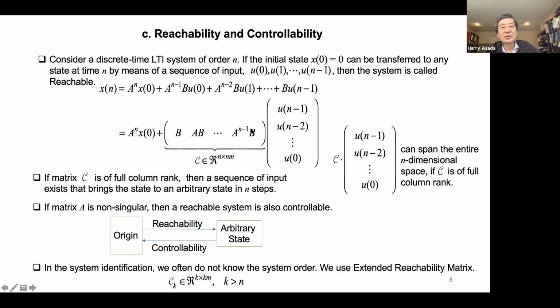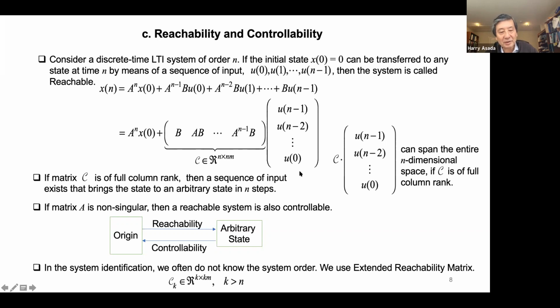In other words, there exists an input sequence to bring this state to an arbitrary state in the n-dimensional space. Now, what you learned is a little bit different: that starts from the origin to go to any state in the state space. That's reachability. What you know as controllability is very similar, but if the matrix is non-singular, then the reachability and controllability conditions are the same.